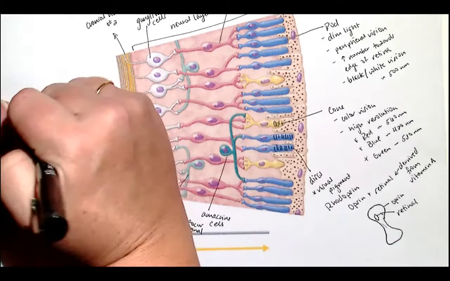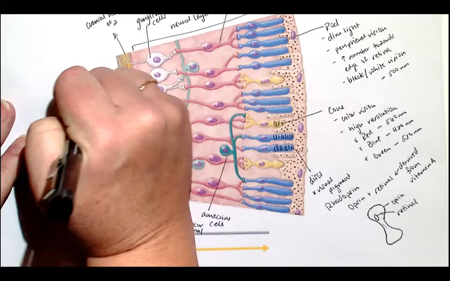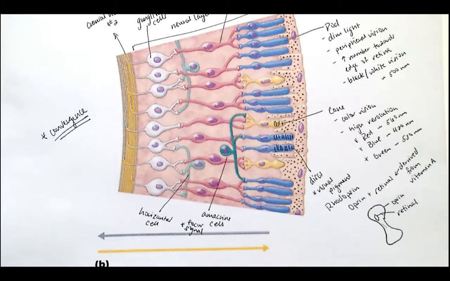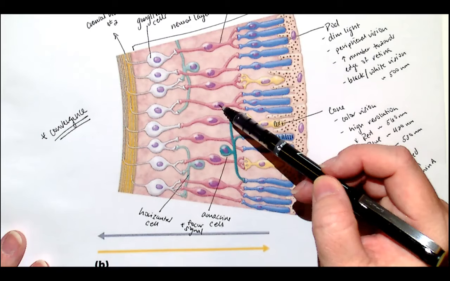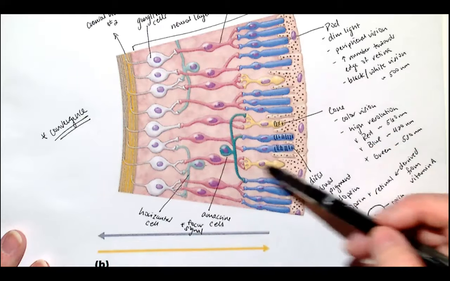We called that, way back when, convergence. When many neurons synapse onto one, we call that convergence. So what do we see convergence in? Rods or cones? Rods. 3 go to 1. That's convergence, right? 1-to-1, that's not convergence.